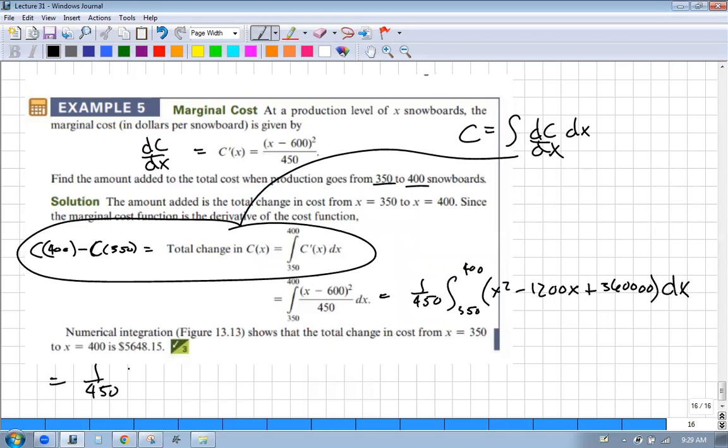Then we integrate this step by step. You're going to get an x cubed over 3, minus 1200 x squared over 2, plus 360,000 x. We want to evaluate that from 350 to 400.